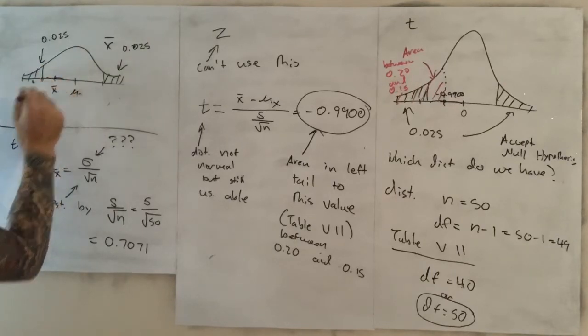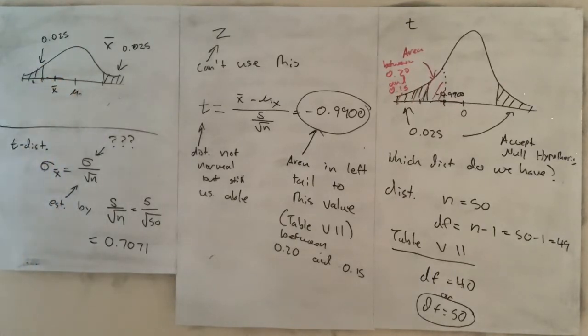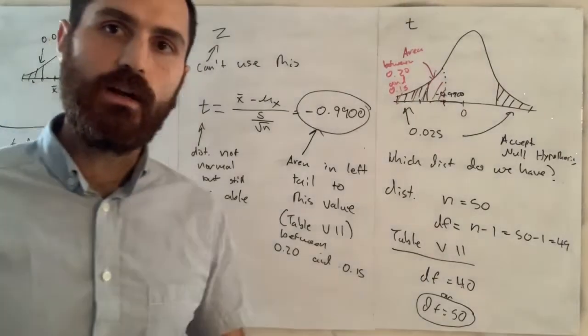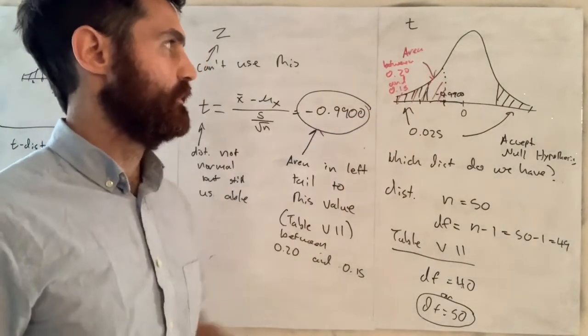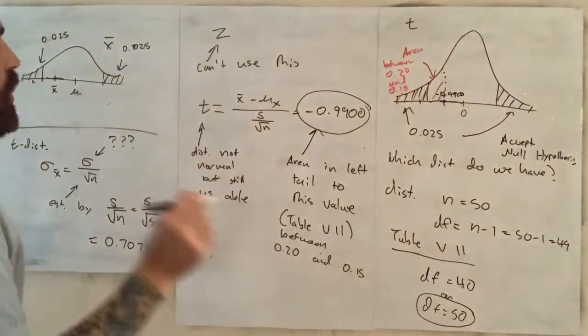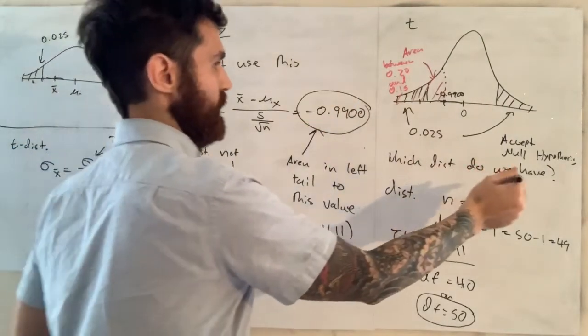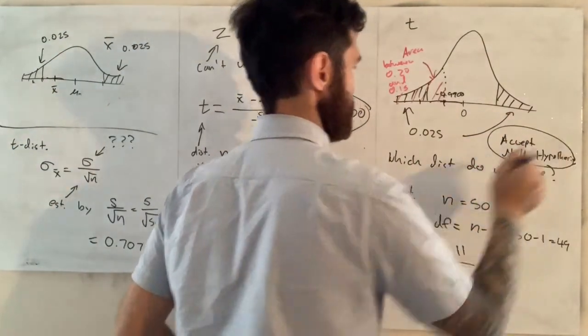So this is going to be your sample. It's going to be somewhere over there. It's not in that critical region. So we, again, accept the null hypothesis.